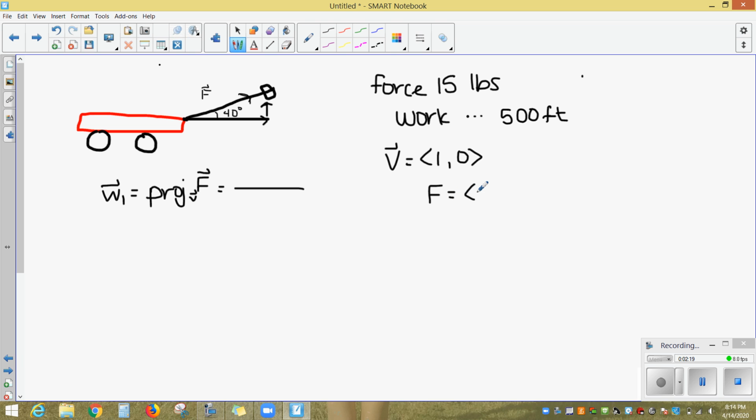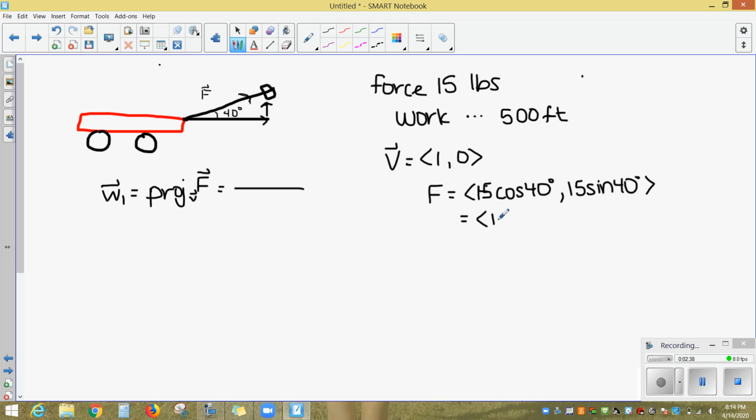So if I think back to my last section, we know if we take the magnitude times the cosine of the angle, that gives us our x component. Our magnitude times the sine of the angle gives us our y component.